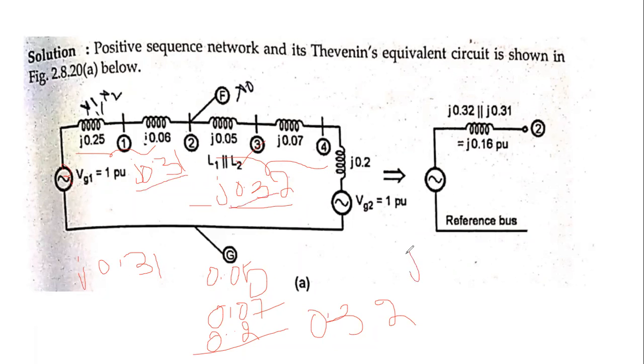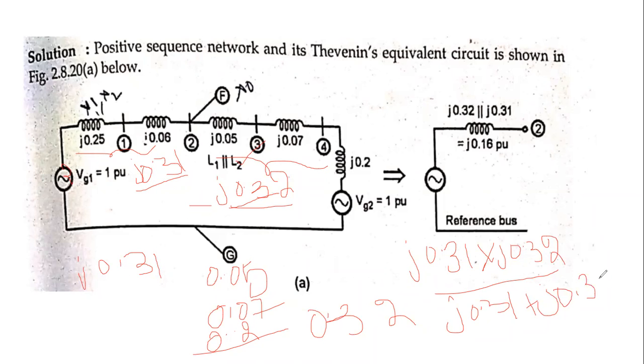Parallel means J0.31 into J0.32, R1 into R2 by R1 plus R2, J0.31 plus J0.32. This is the equivalent reactance. Its value is J0.16 per unit.